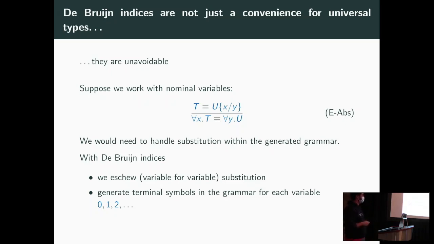We need to handle this substitution within the grammar. Instead, with the indexes, we just eschew the variable for variable substitution, and we generate the terminal symbols for the grammar, like the indexes, like 0, 1.